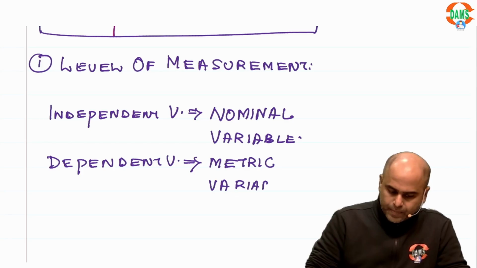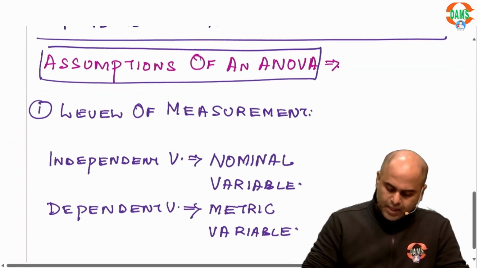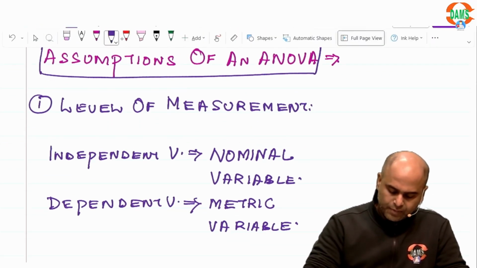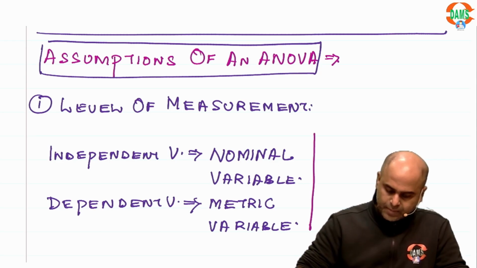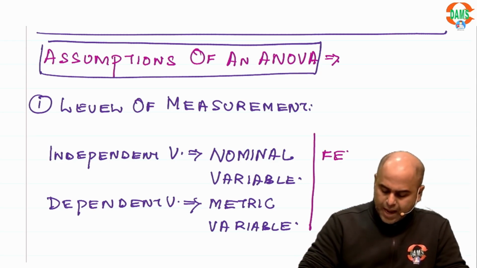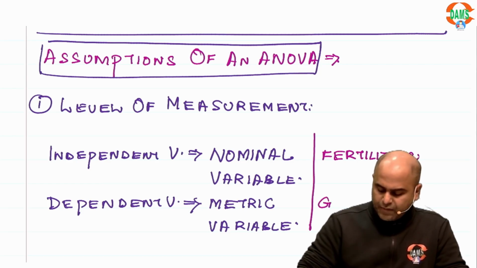Like in our example of the plants which we had seen, my independent variable was application of fertilizer and dependent variable was growth in centimeters.